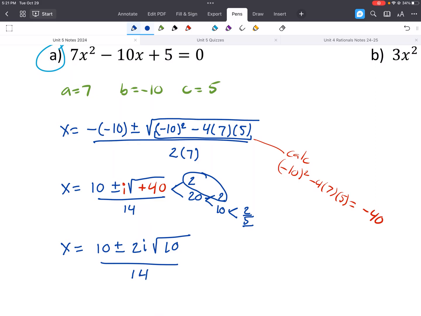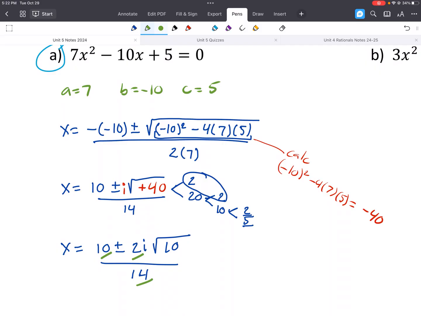Okay, so we simplified the root. The last thing is to check the fraction, see if we can simplify it. What could we divide 10, 2, and 14 by? Again, it doesn't matter if it's imaginary. You can still do half of an imaginary number or a third of an imaginary number. You can divide numbers. You can multiply numbers.